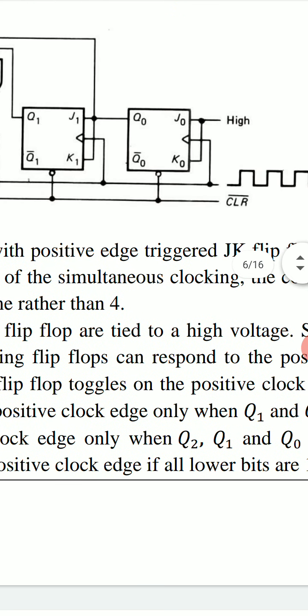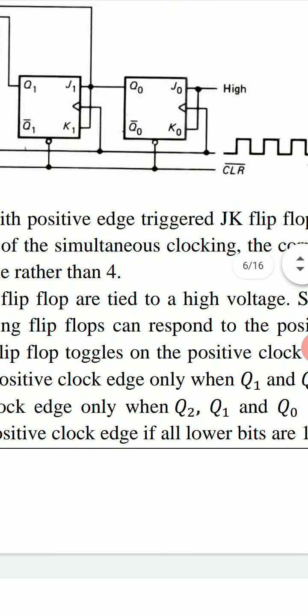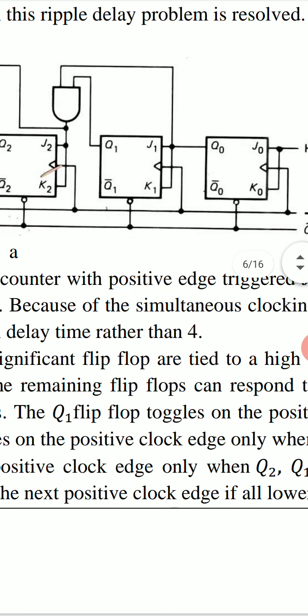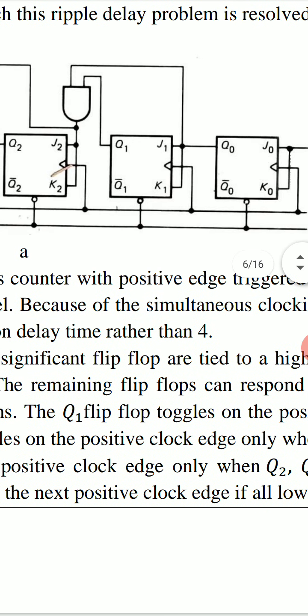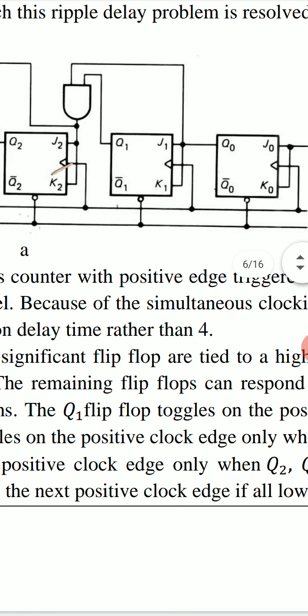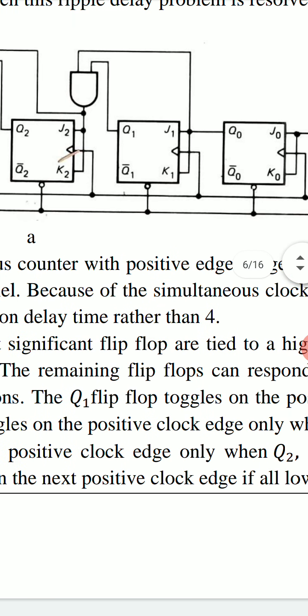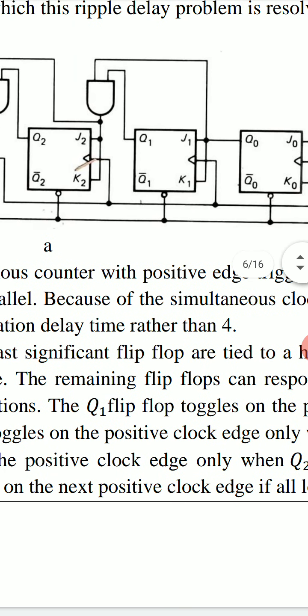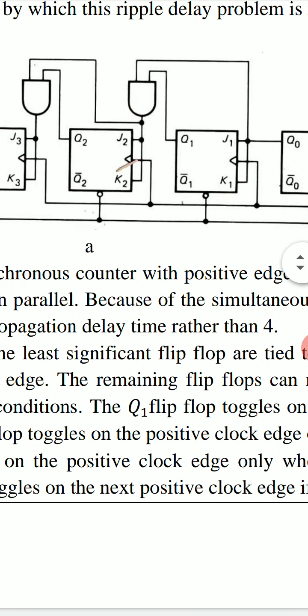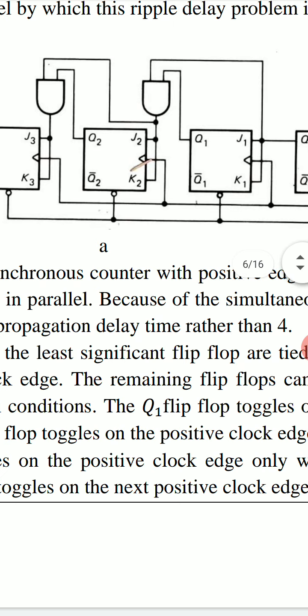But now J0, K0 are connected to high and J1, K1 are connected in this way to Q0, and the AND gate as shown in this figure.